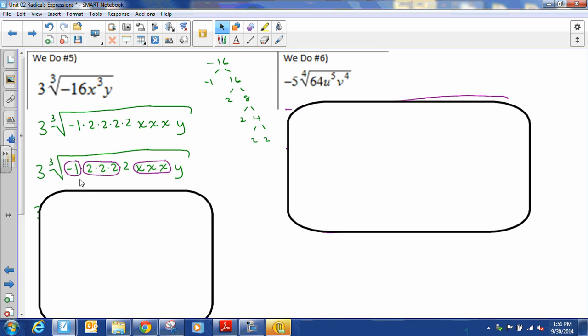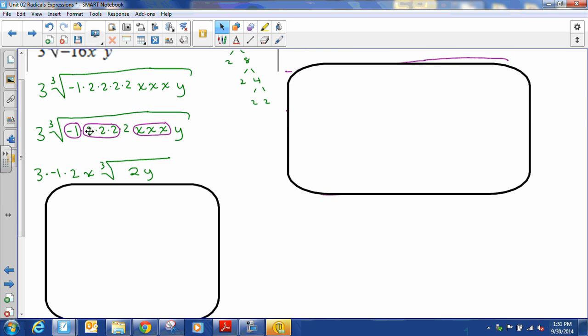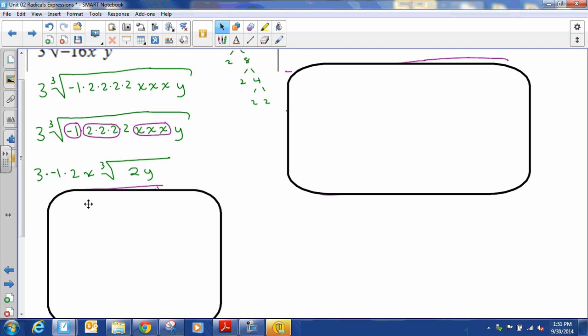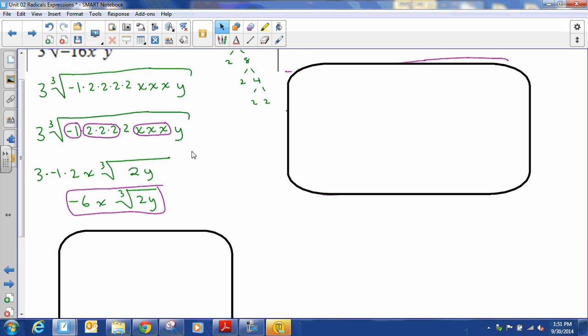So you could also think of negative 1 as having superhuman qualities, and it can actually just break out of a maximum security cube root jail. So negative 1 makes it out, the 2 makes it out, the x makes it out, and cube root 2y remains in here. So all the ones that made it out multiply together, giving you negative 6x cube root of 2y, and that is our lesson. Good luck to you.